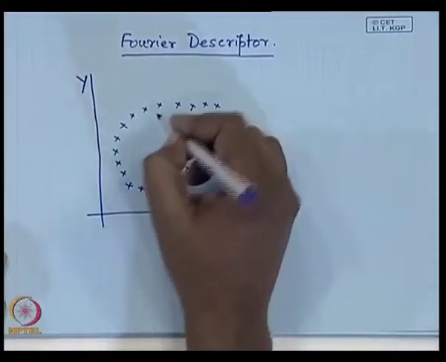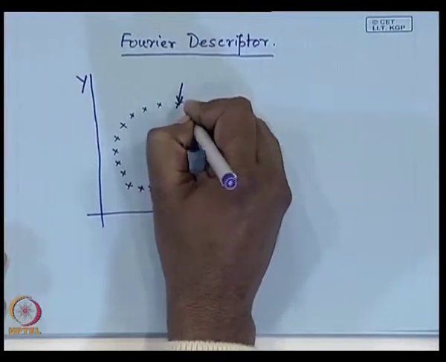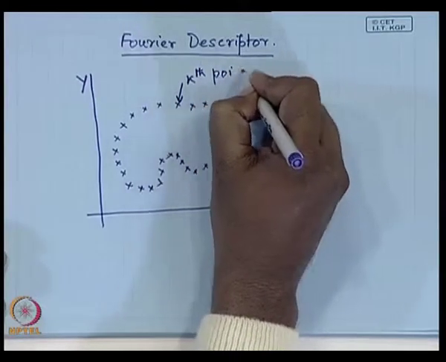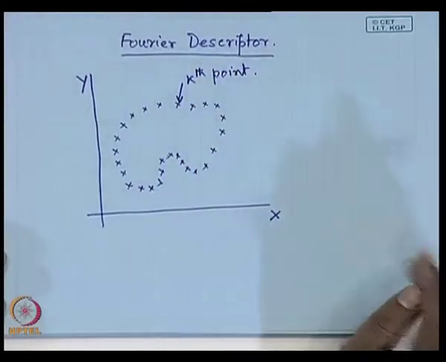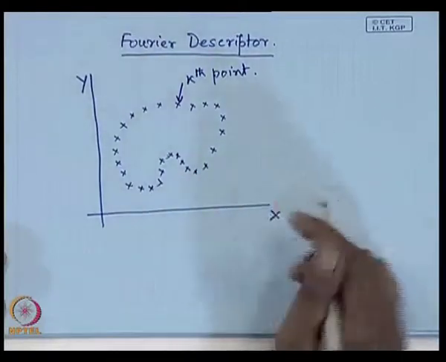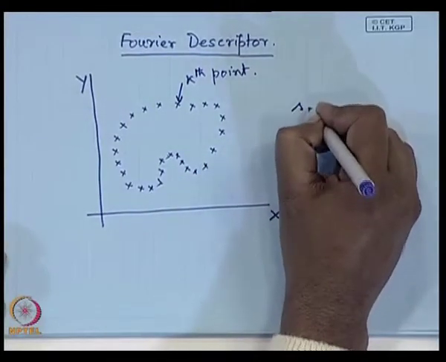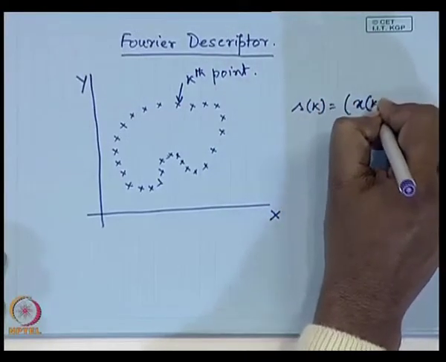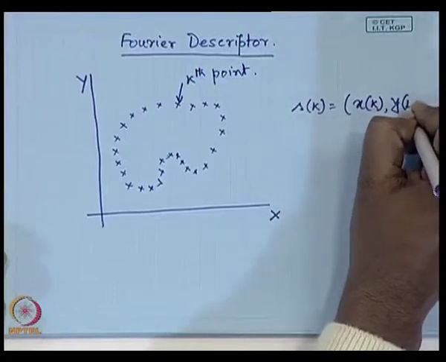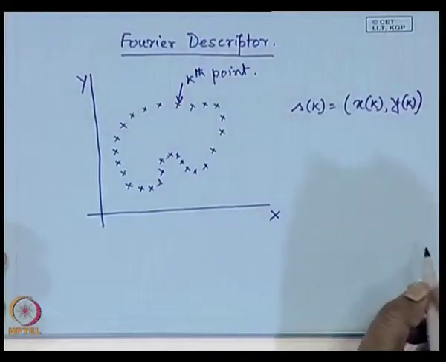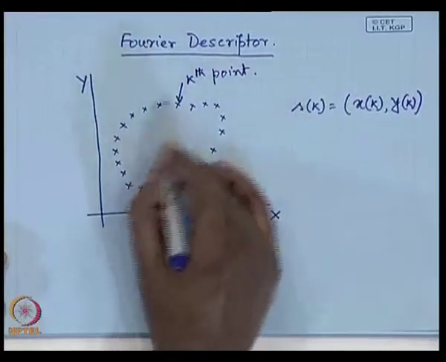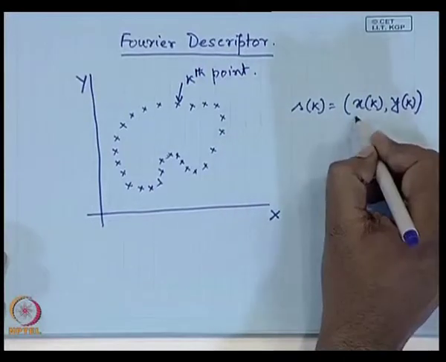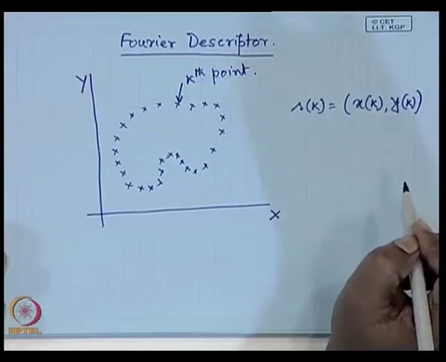Every kth point in this boundary, say this is my kth boundary point, is actually a coordinate. So, I can say that this kth boundary point S_k has the coordinates x_k and y_k. For different values of k, I get a set of different boundary points. I can assume that this coordinate can be represented by a complex number.